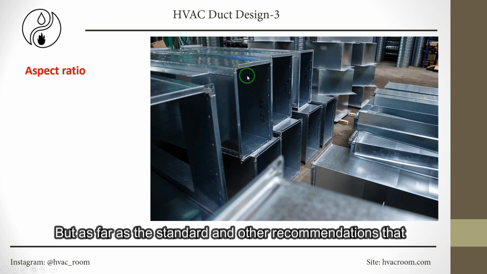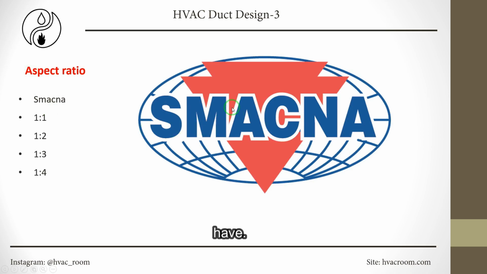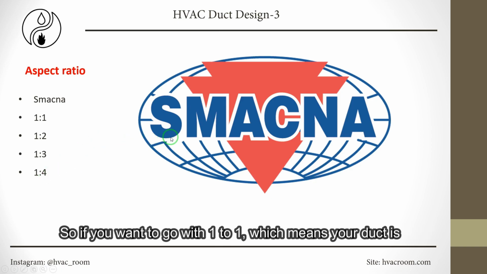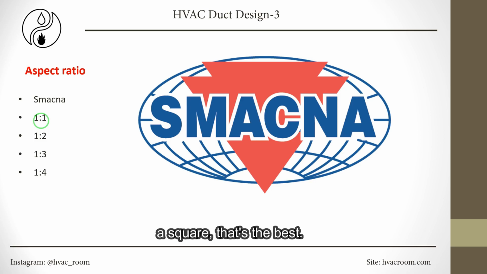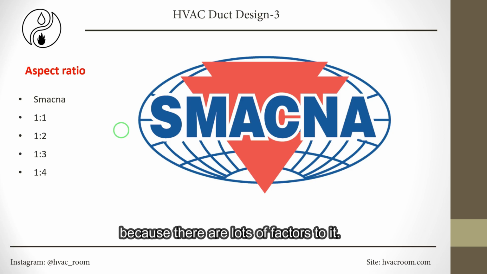But as far as the standard and other recommendations that we have in the guidelines, a SMACNA standard recommends the maximum aspect ratio does not exceed 1:4. So if you want to go with 1:1, which means your duct is a square, that's the best, but this is not going to happen in most projects because there are lots of factors to it.